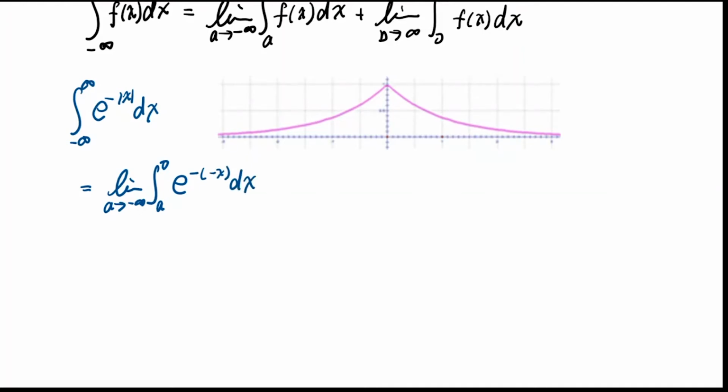That's the left-hand side. And plus the limit as b approaches positive infinity of the integral from 0 to b of e to the negative x dx. Do you see how that thing breaks up? Who's confused? Let me know right now before I move on.